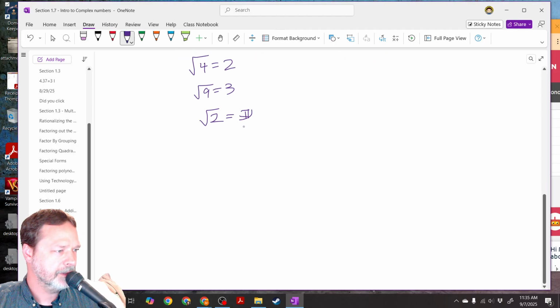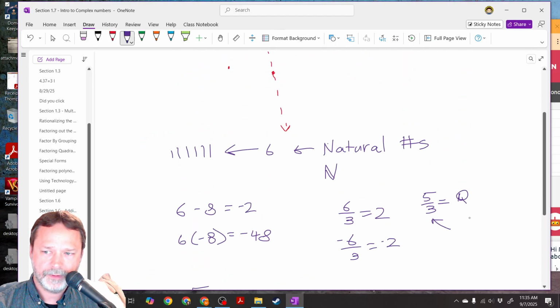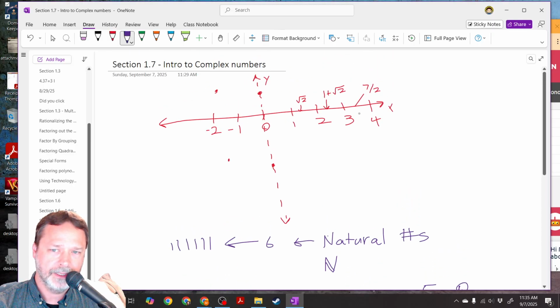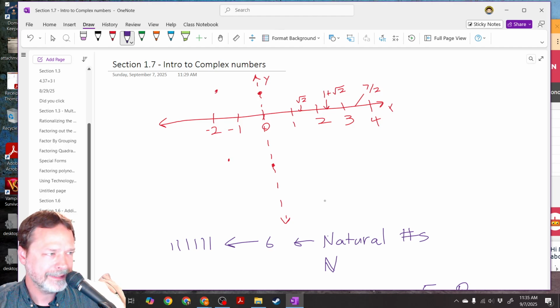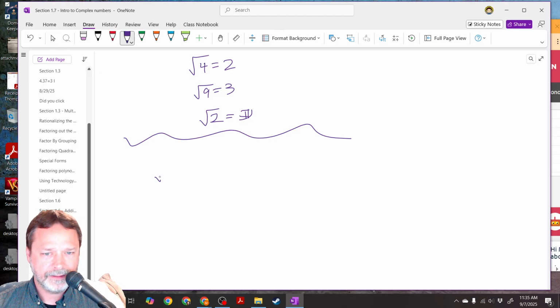Now there's one more thing we can't do, and that's where I was going with this. All these numbers so far, rationals, irrationals, integers, natural numbers, are all on the number line. We've got them all. It's everything. What isn't on the number line are these numbers here. How do we take the square root of -9?